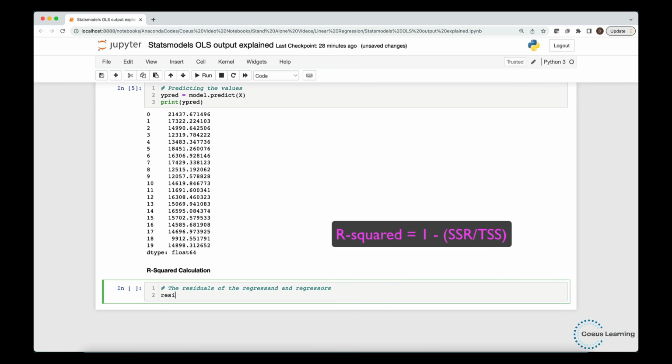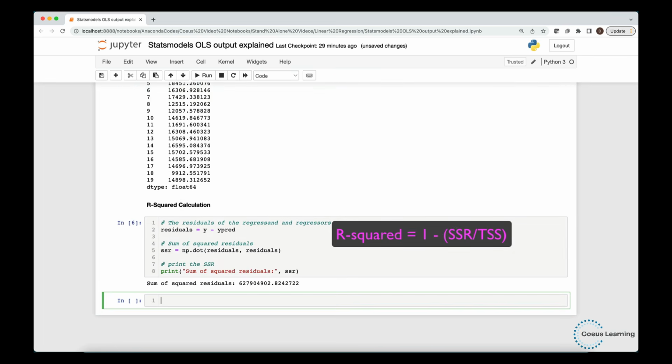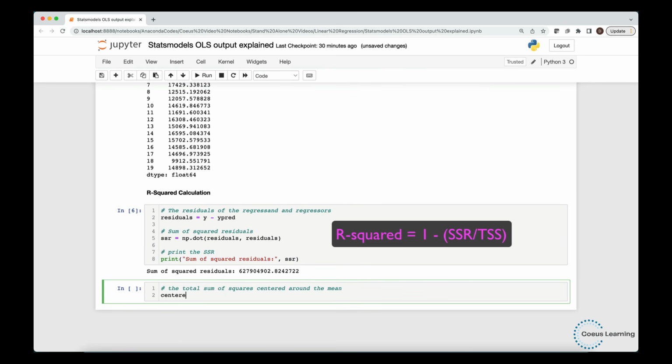We calculate the residuals by calculating the difference between y-actuals and y-predicted. Then, we compute the sum of squared residuals using the np function. We print the SSR value. Next, we calculate the total sum of squares centered around the mean.